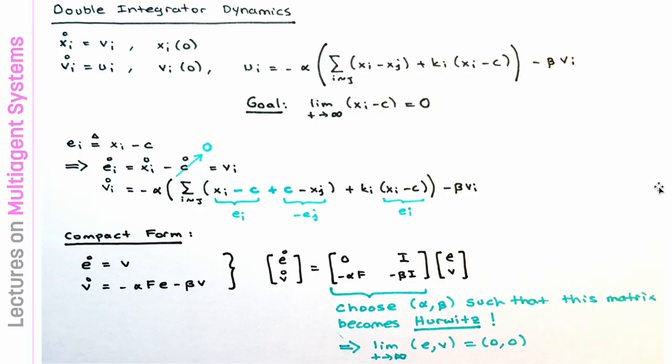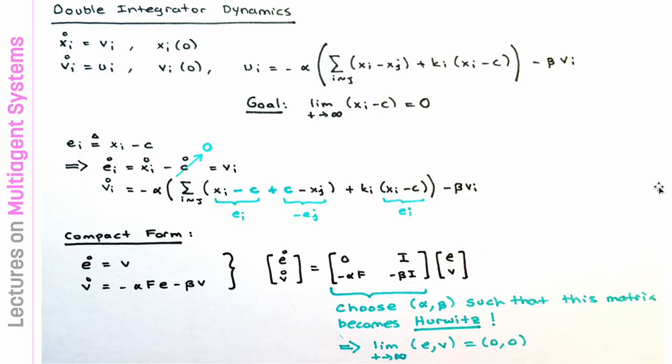Because of the importance of leader-follower networks, we started to investigate synchronization dynamics in the past lecture, but we focused on single integrator dynamics. It is important to note that single integrator or scalar systems are nice, but double integrator dynamics are more common.